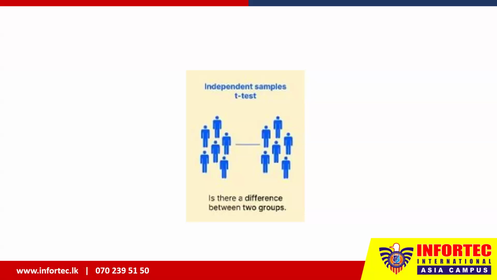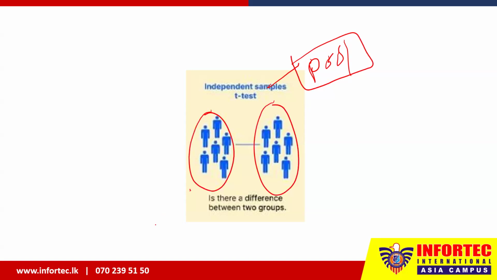Another term for the independent sample t-test is the pooled t-test. When you refer to the literature, sometimes you find this term, pooled t-test, or sometimes independent sample t-test. First I will explain what we mean by independent samples. This is your first sample, and this is the second sample.